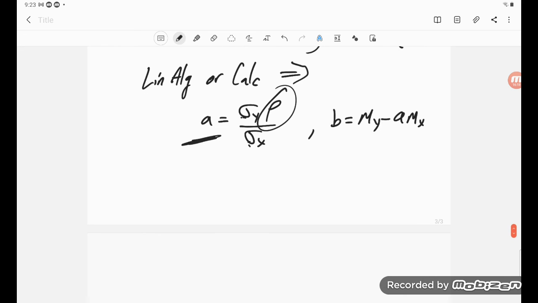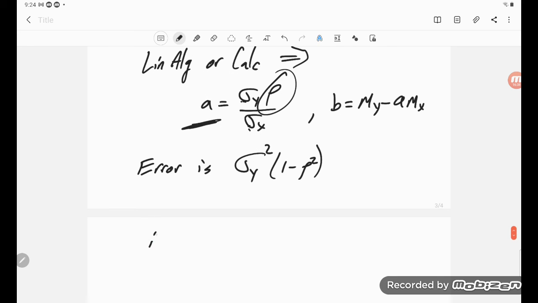And the actual error that we would get from this is the variance of y times 1 minus rho squared. And so what we see is that if rho equals plus or minus 1, that implies the error is 0.